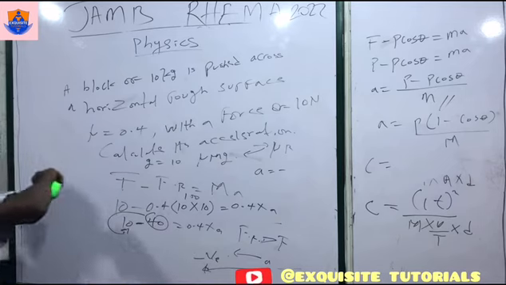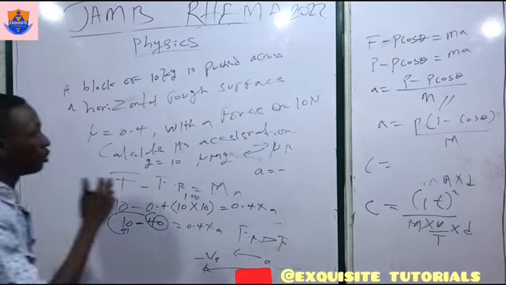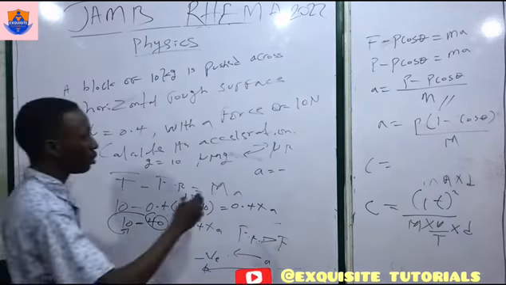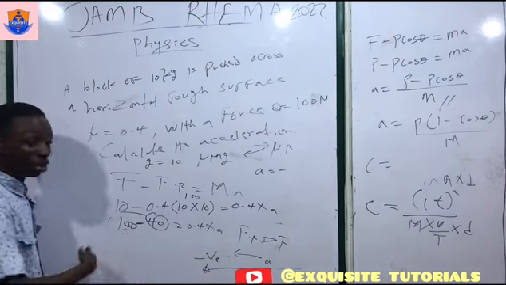But let's say there was actually movement, and the force is now greater than the frictional force. If we change this to 100 Newton, then we can go further to solve.